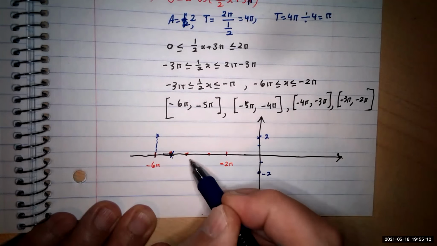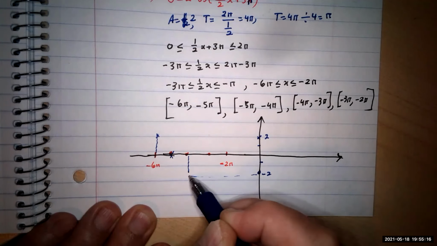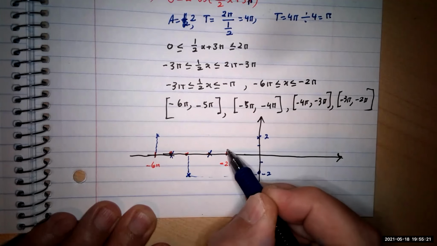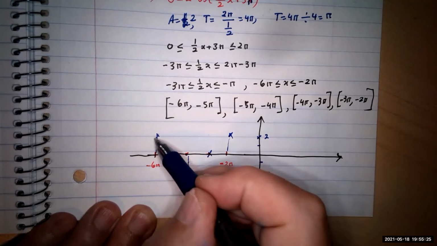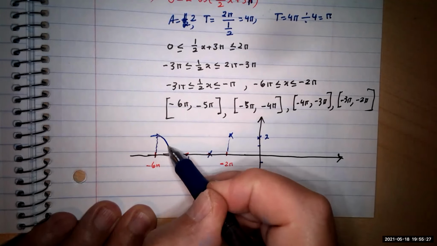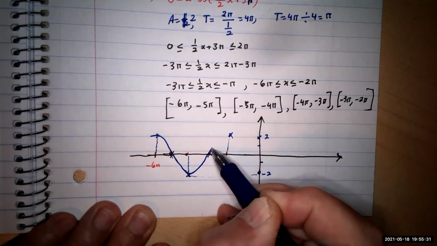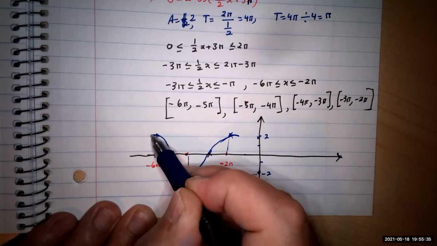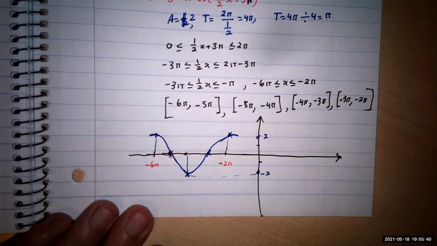Then we get to the intercepts, then there is a minimum at negative 2. Then you go to the intercepts, and that takes you back to the 2 here. So this is the type of graph that you are going to have. This is one period of your graph.